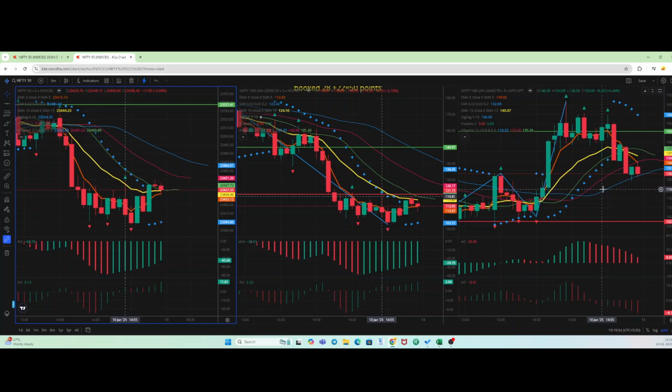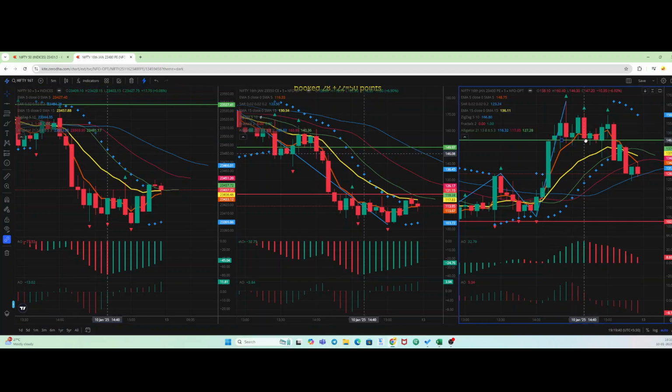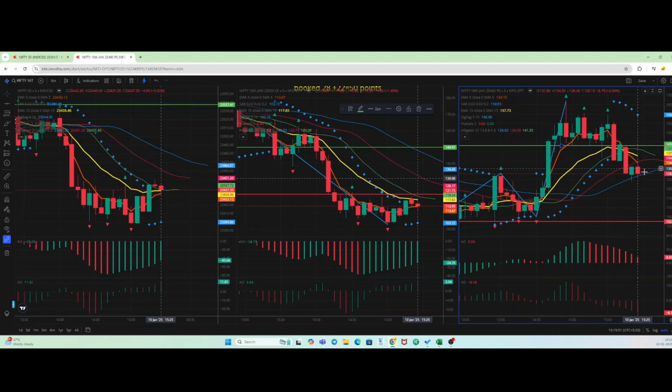What we entered here, below this one, because this candle is giving the clear entry, this candle is also giving the clear entry. So that is why we entered around 143, then exited near about 131.